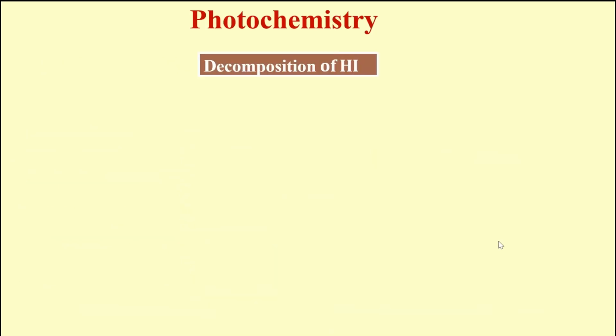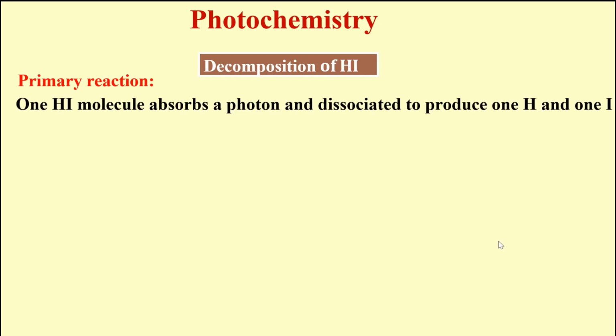Decomposition of hydrogen iodide in the presence of light. As we know, a photochemical reaction occurs in two steps. The first step is the primary reaction, where the activation of the molecule takes place.